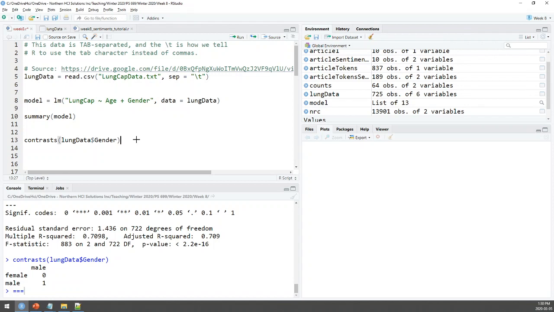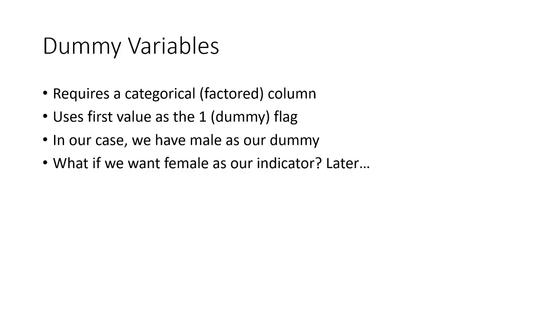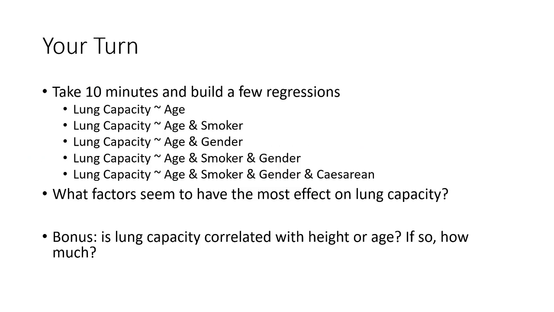Now it's your turn. Take a few minutes, work together, and build a few regressions. Do lung capacity versus age and whether or not the person's a smoker, versus age and gender, versus age and smoker and gender, versus all the variables. What factors seem to have the most impact on lung capacity?